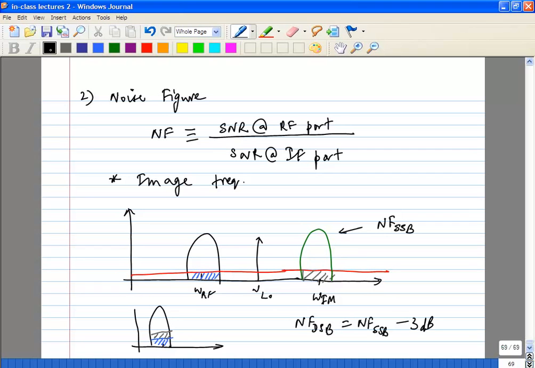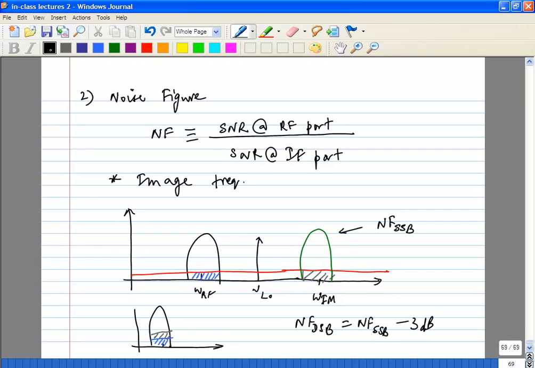One more thing to note, unique for a mixer. Let's say your mixer is completely noiseless, absolutely ideal. What is your single sideband noise figure? And what is your double sideband noise figure?